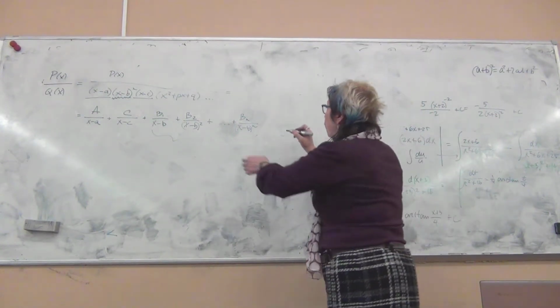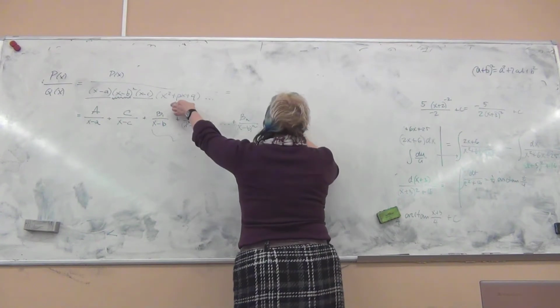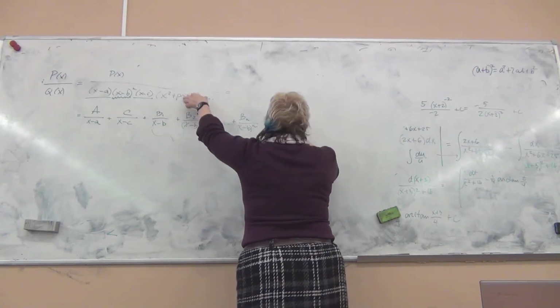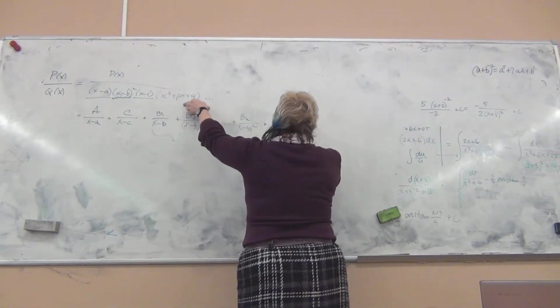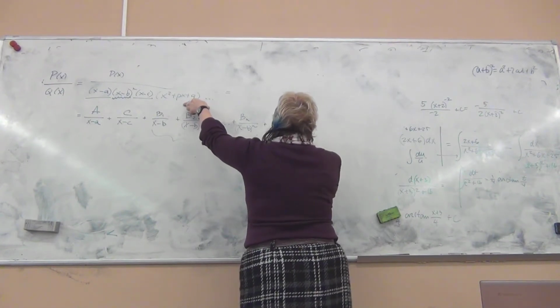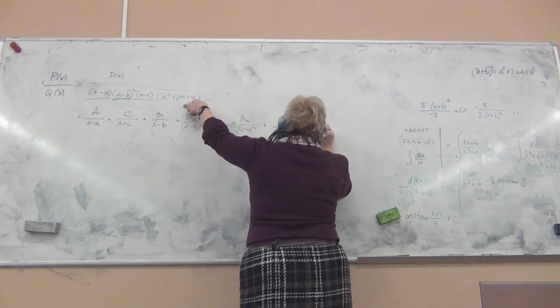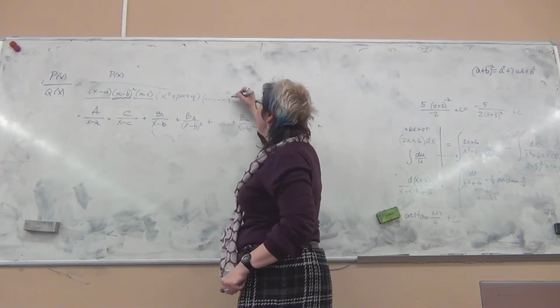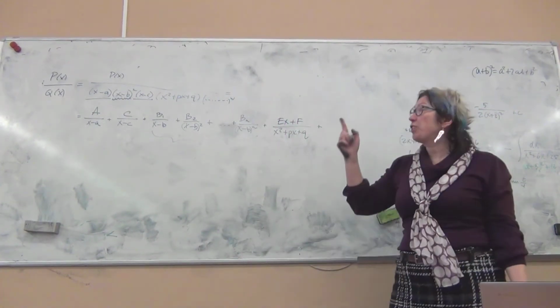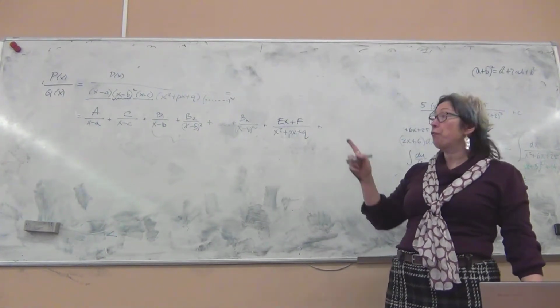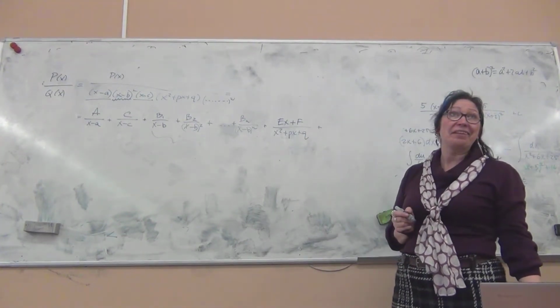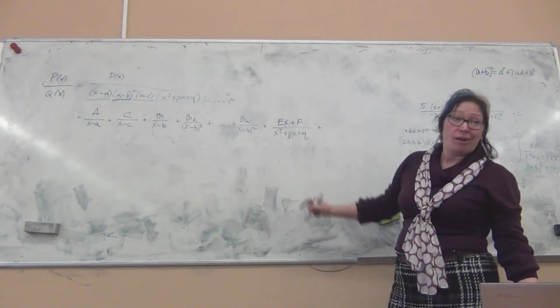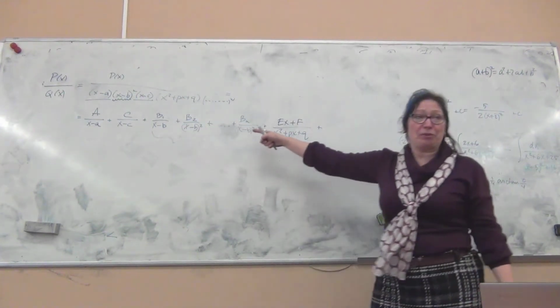And then of course for each quadratic factor we get something like ex plus f over x squared plus bx plus q. And if we have an nth power of such a factor, if such a factor is repeated, the same thing happens.